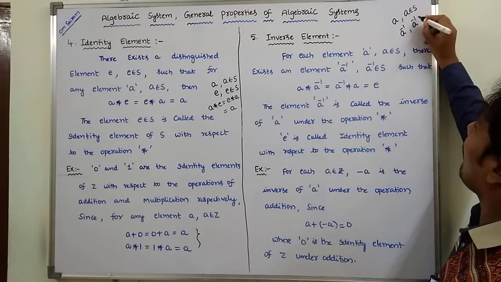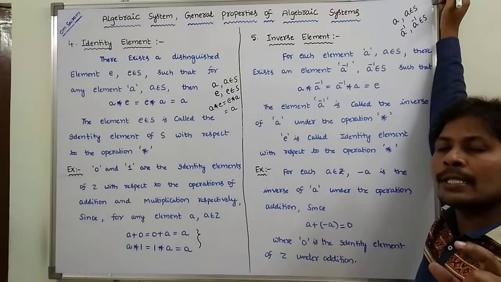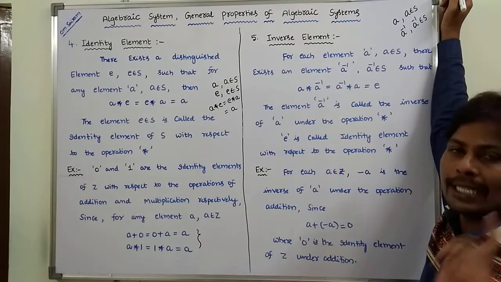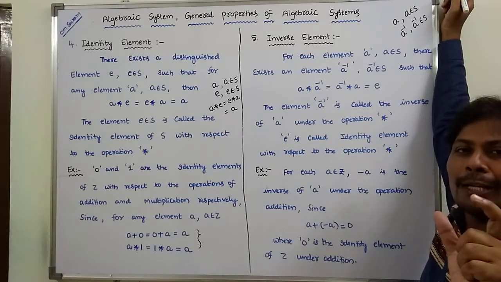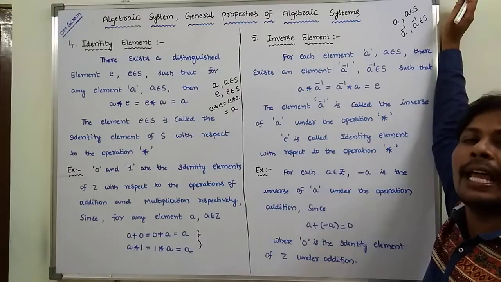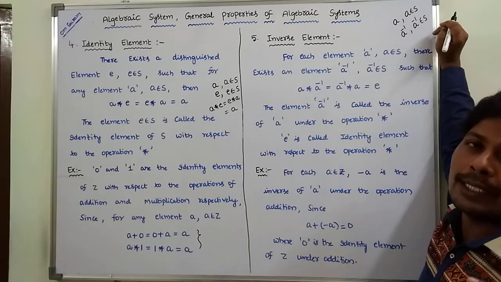A inverse also belongs to S. That means we can take two elements from the non-empty set S. One is element A, so A belongs to S. We can take another element A inverse. A inverse also belongs to S.